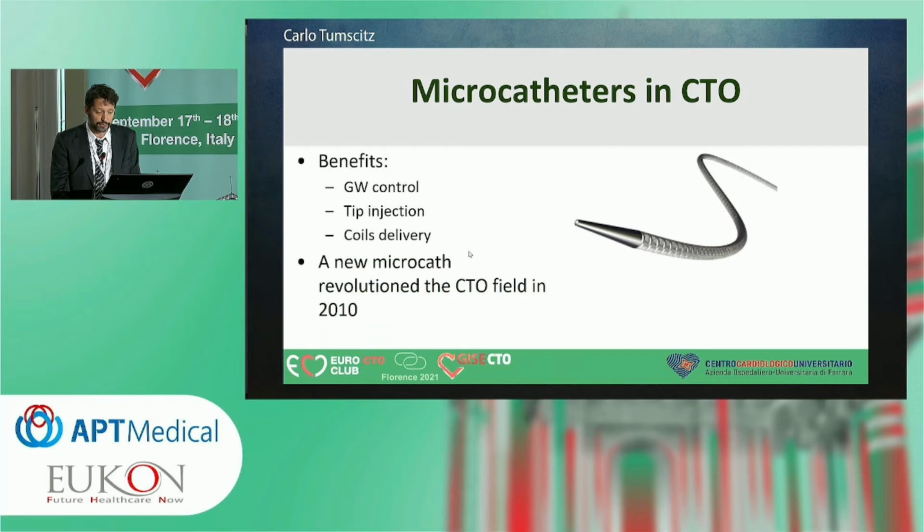And after 2010, the development of a new microcatheter which was able to dilate also the channels, called a channel dilator, was able to change the field, because I think a vast amount of operators started to perform a retrograde procedure.